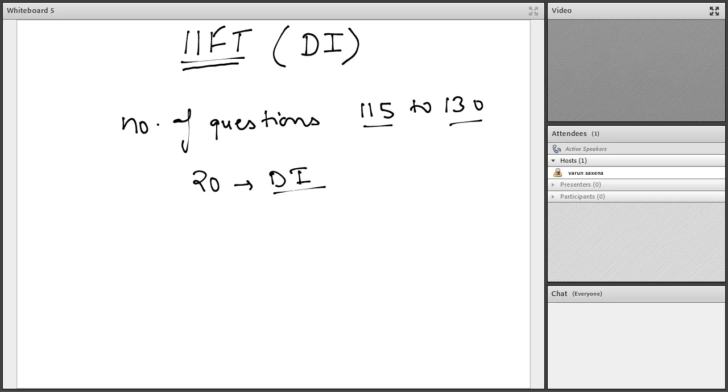Why? Because DI in IIFT is a bit different from DI in CAT. First of all, the most important chapters in DI in IIFT are tables.